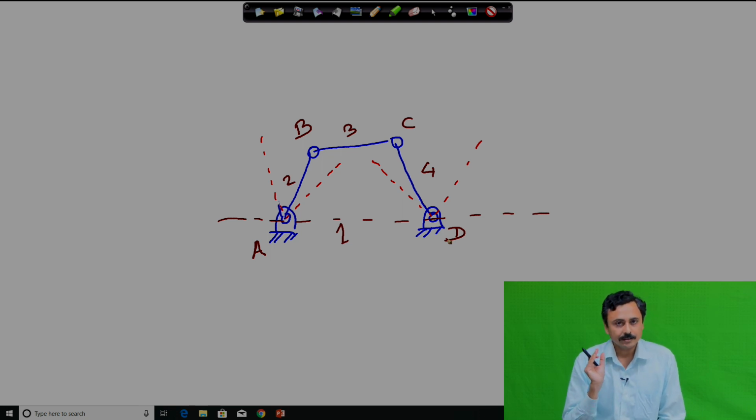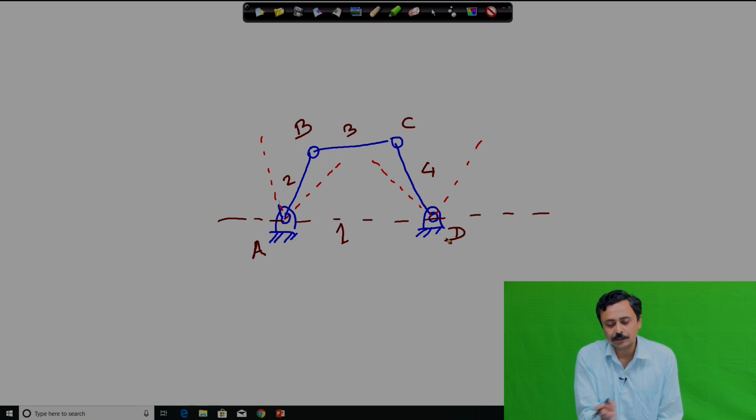This is a typical characteristic of a Grashof chain, that the rocker does not cross the line of frame, and here both AB and CD are rockers and they are not crossing the line of frame.